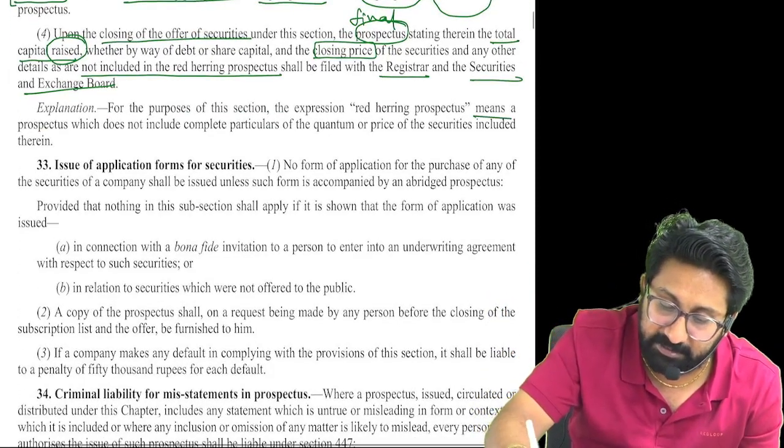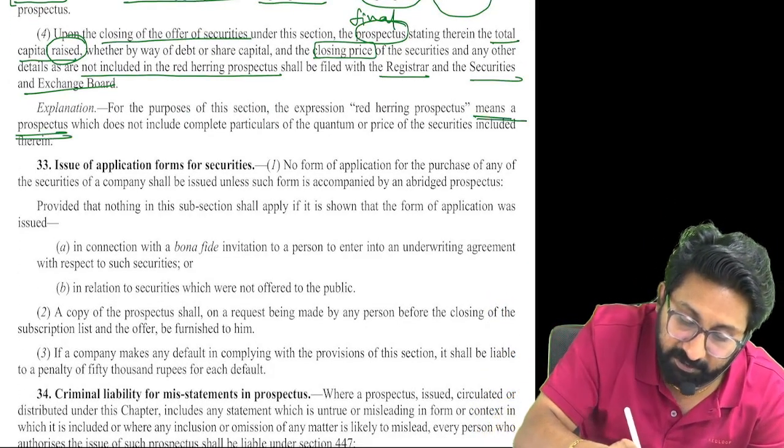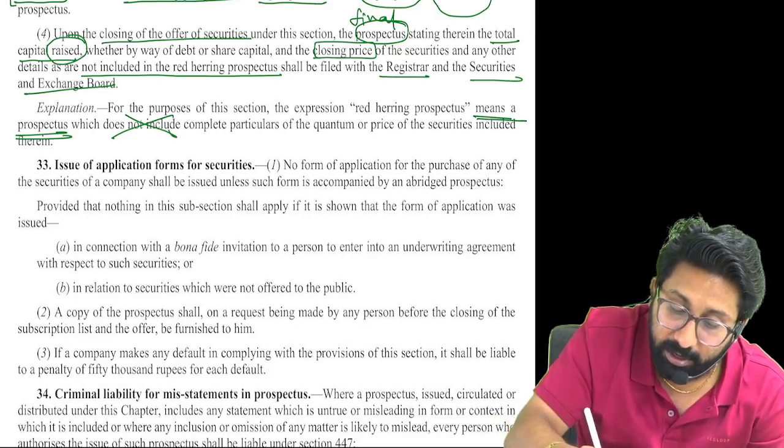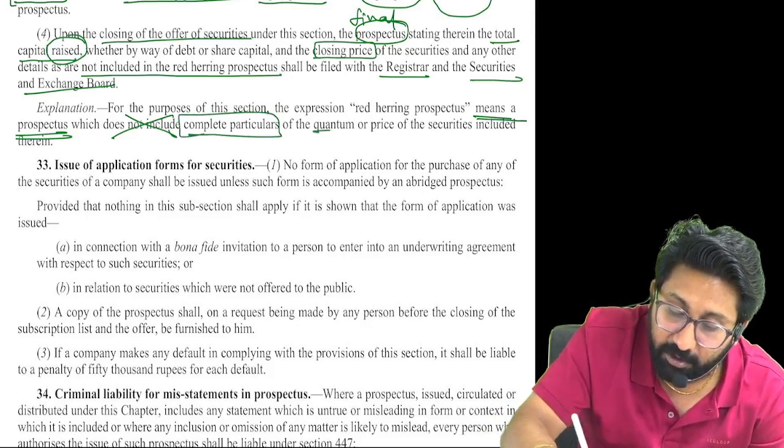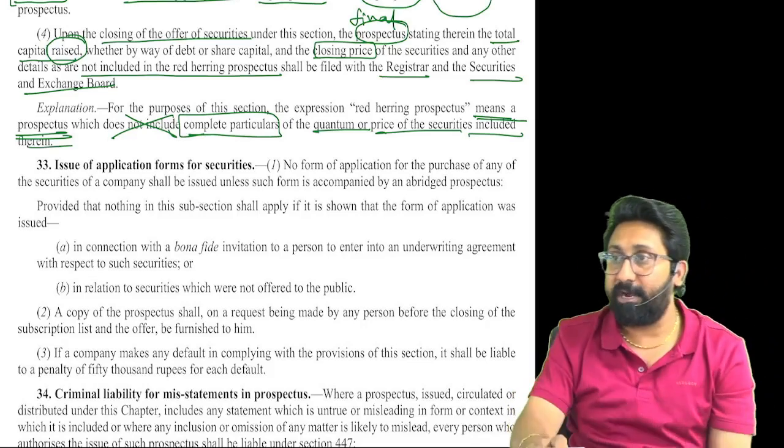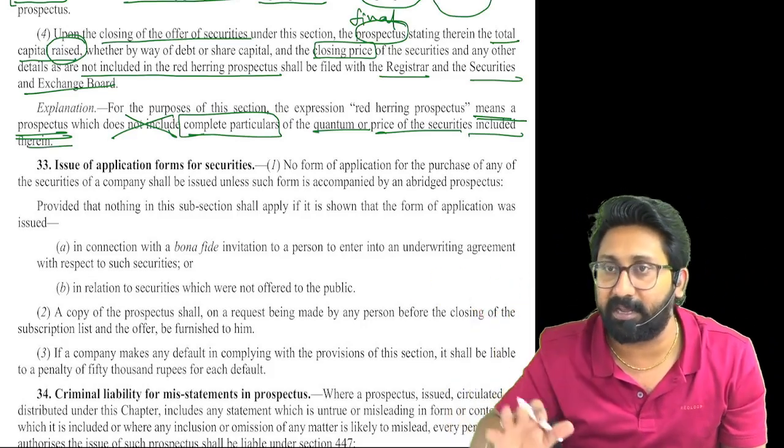A red herring prospectus means a prospectus which does not include complete particulars of the quantum or price of the securities included therein. Understood the logic entirely clearly?